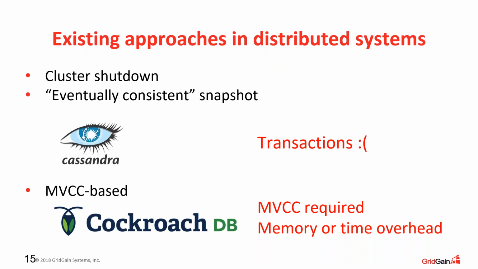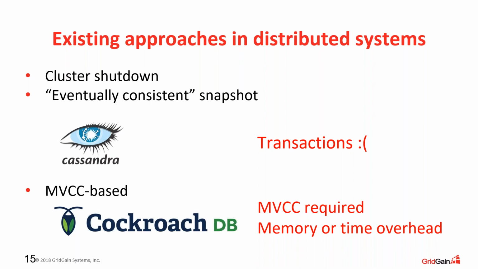MVCC is multi-version concurrency control. Speaking shortly, it's a feature that allows increasing the concurrency level in your system, allows performing reads and writes on some keys, probably the same, in a concurrent manner.